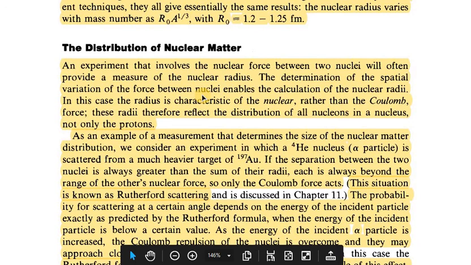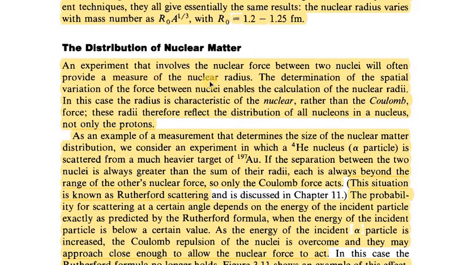An experiment that involves the nuclear force between two nuclei will often provide a measure of the nuclear radius. We can also measure the nuclear radius by finding the interaction of two nuclei.